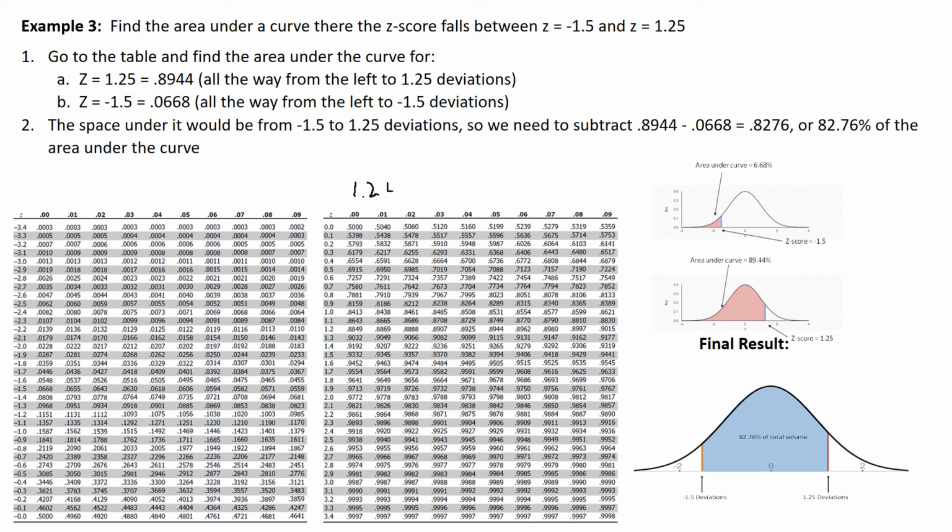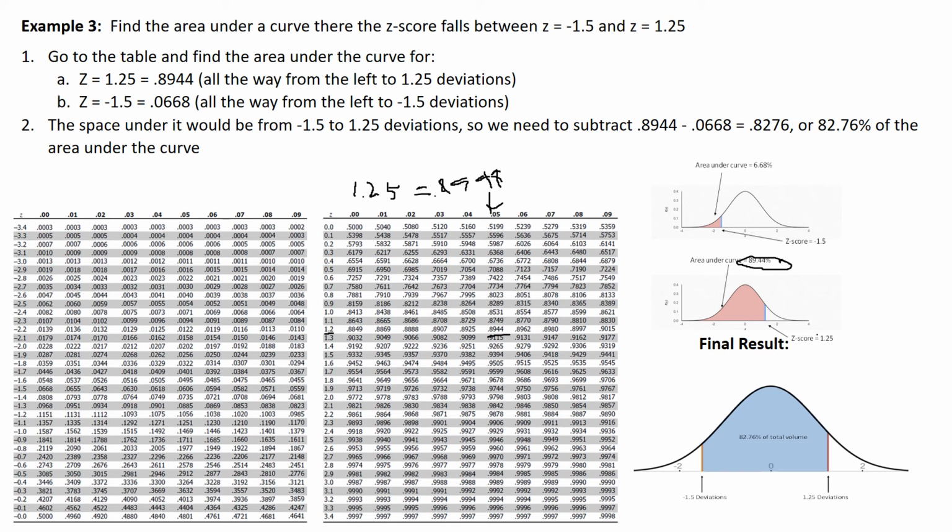I got to find 1.2 first. Here's 1.2, and then 1, 2, 3, 4, 5. There's 1.25, 0.8944. So I'm going to put 0.8944. I write terribly here, and I apologize for that. And that is what I got right here for this first curve.